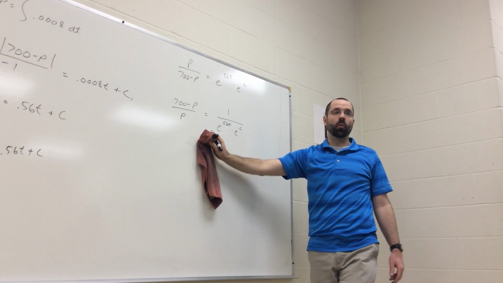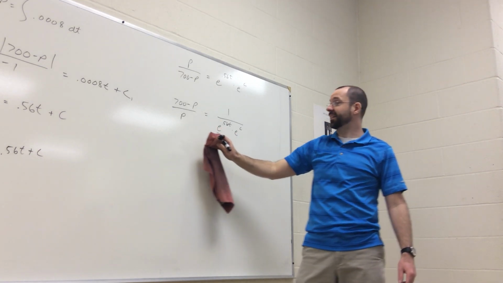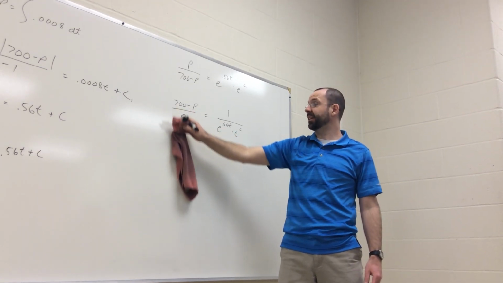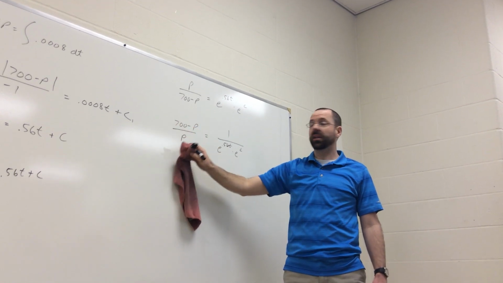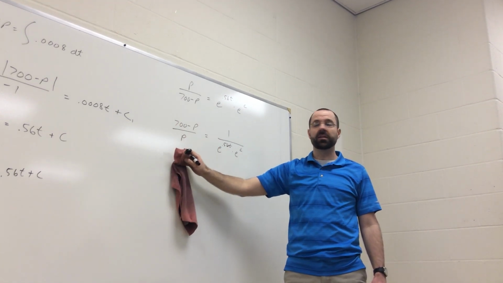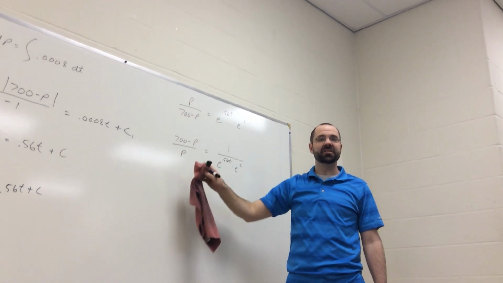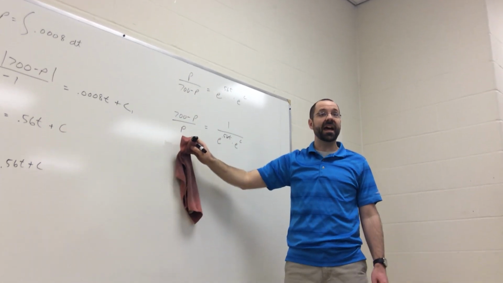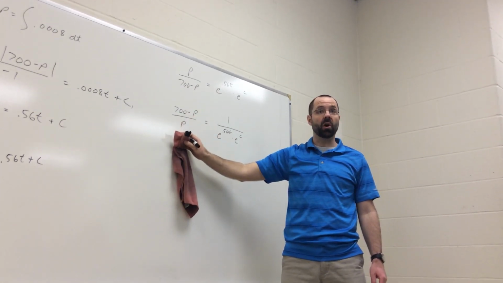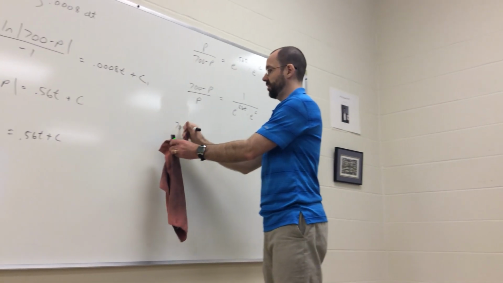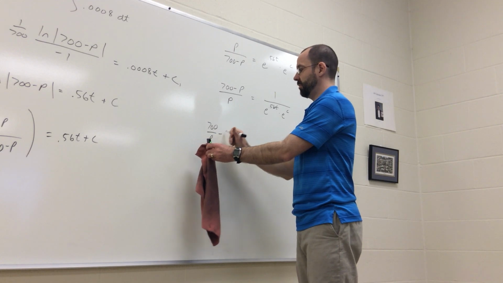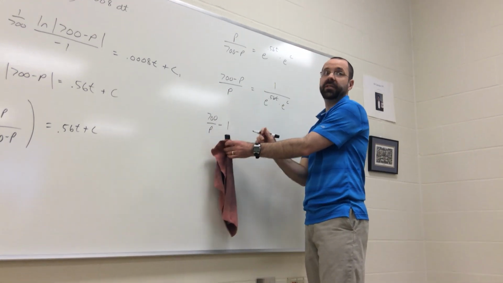Now you might be wondering why I did that. The reason I did that is because now this P can distribute. I can take the 700 divided by P and the P divided by P. I can't do that when it's like that. And the nice thing about that is then the P divided by P is going to be 1. So I've got 700 over P minus 1 now on that side.